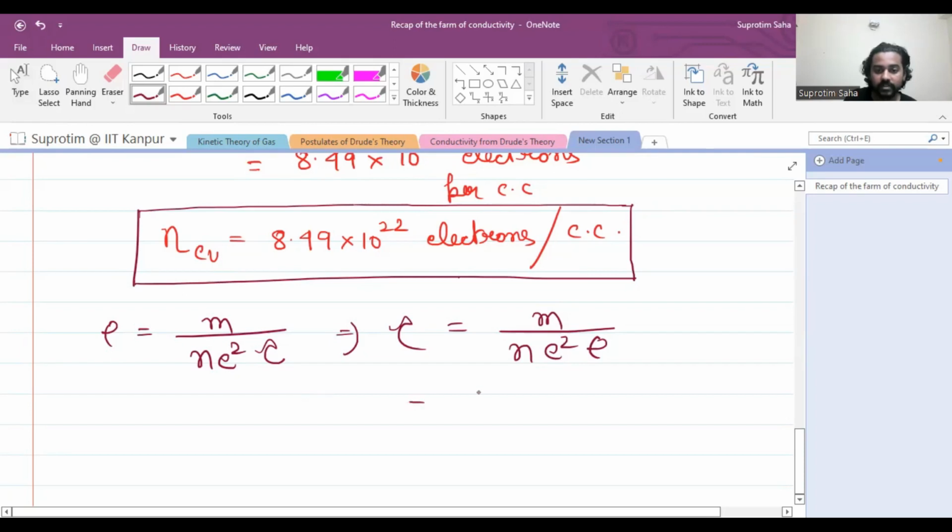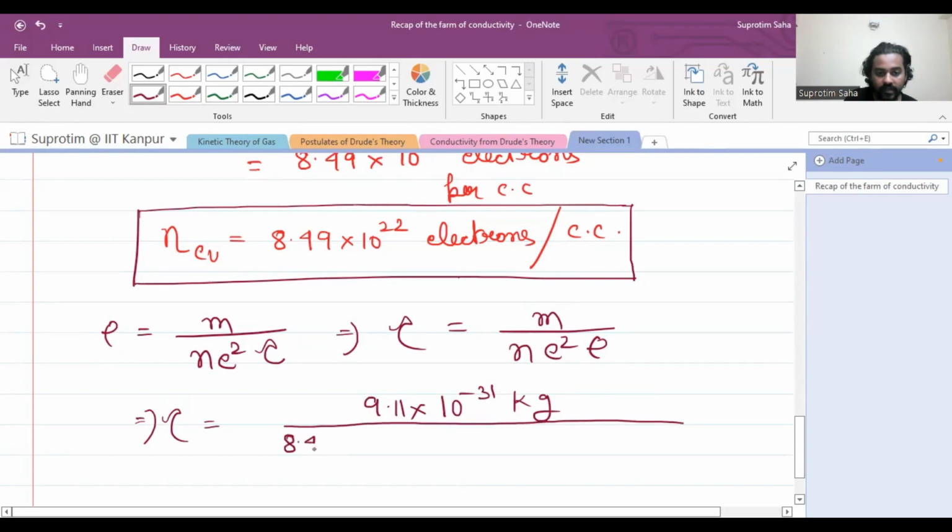So tau equals the mass of electron, 9.11 into 10 raised to minus 31 kgs, divided by 8.49 into 10 raised to 22 electrons per cc, into 1.6 into 10 raised to minus 19 coulomb, times 1.7 into 10 raised to minus 6.